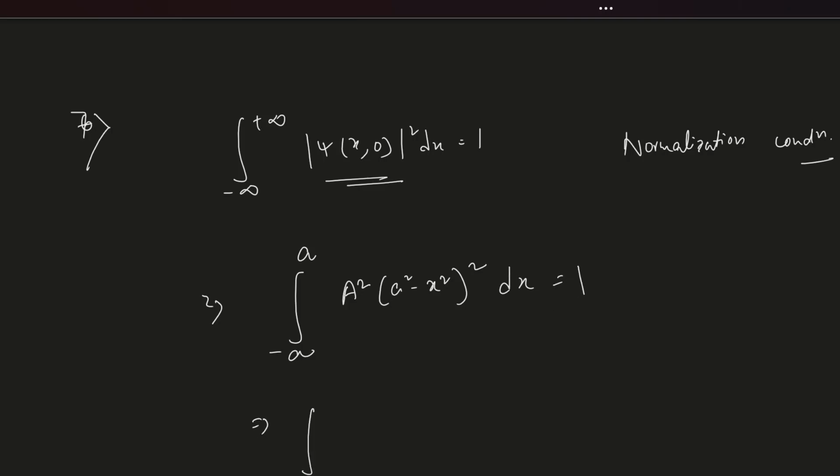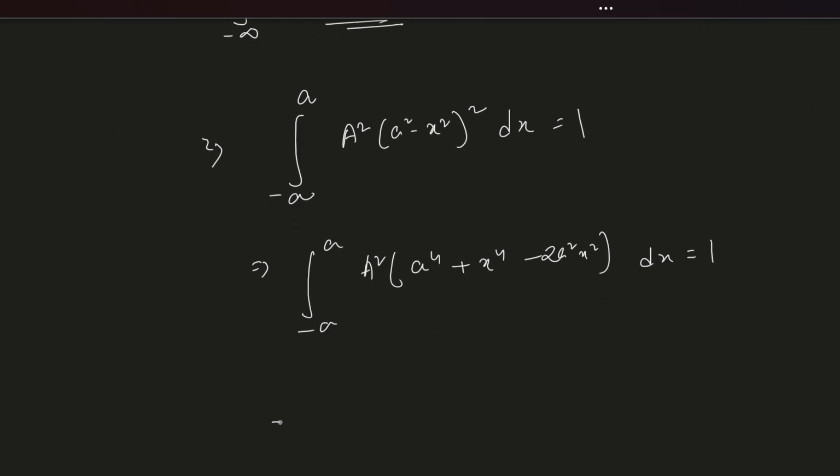Now you simply do the integral. So you first break down this square. So this is a to the power 4 plus x to the power 4 minus 2a squared x squared dx equal to 1. A squared is a constant, comes out. So if you integrate, this is a4x plus x to the power 5 by 5 minus 2a squared x cube by 3.